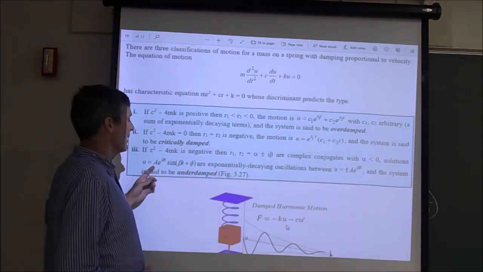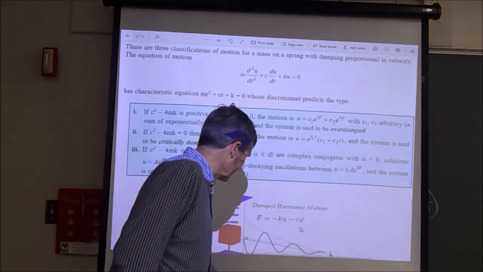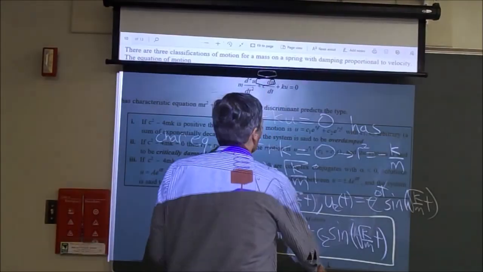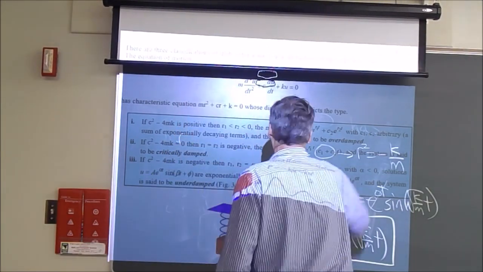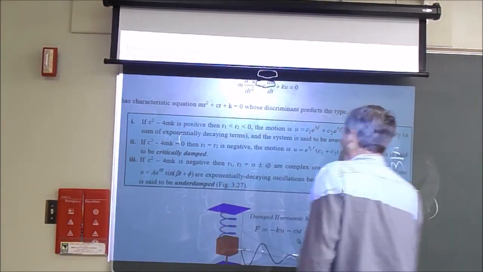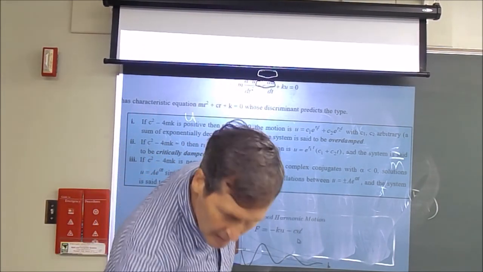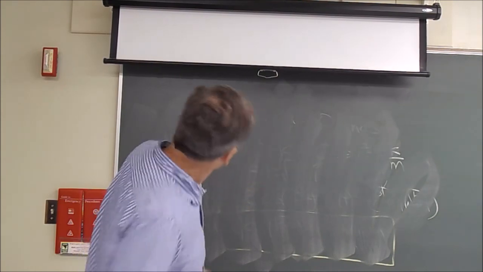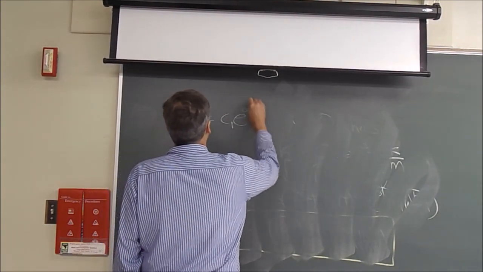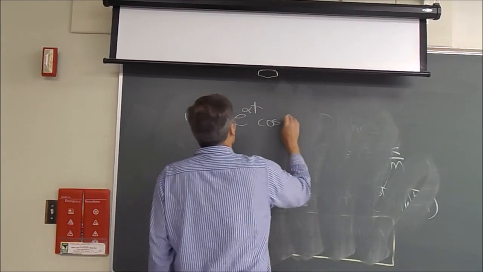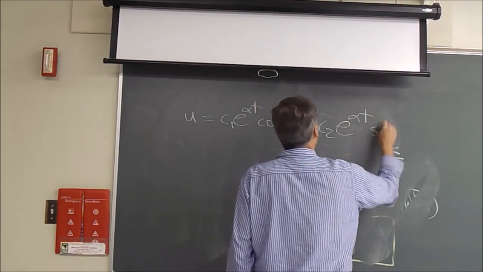But when you have a constant, I'll write it here. What you get is a general solution that looks like this: u equals C1 e to the alpha t cosine beta t plus C2 e to the alpha t sine beta t.